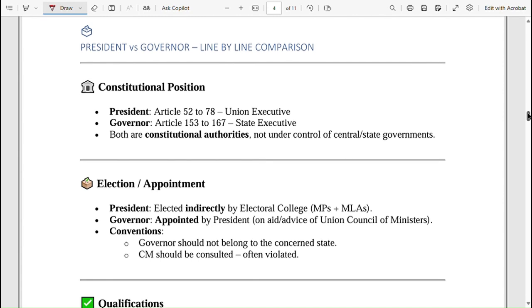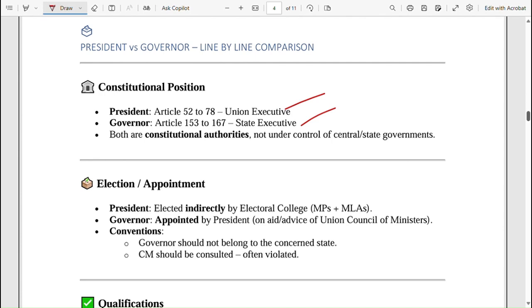Now let us look at the difference between the president and the governor, in their power or their post. First, constitutional position: the president is mentioned in Articles 52 to 78, and comes under the union executive, whereas the governor is for the state executive.